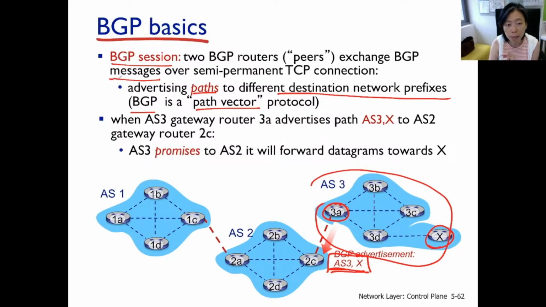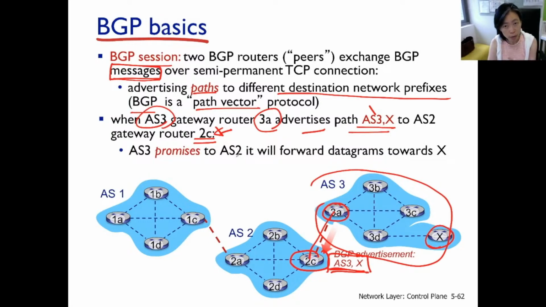This will be the AS path being sent in the BGP message to the other end of the exterior BGP connection, to the other end of the BGP session. So 2C here will receive the AS path, AS3, comma, X. So AS3's gateway router 3A will advertise the path to AS2's gateway router 2C.